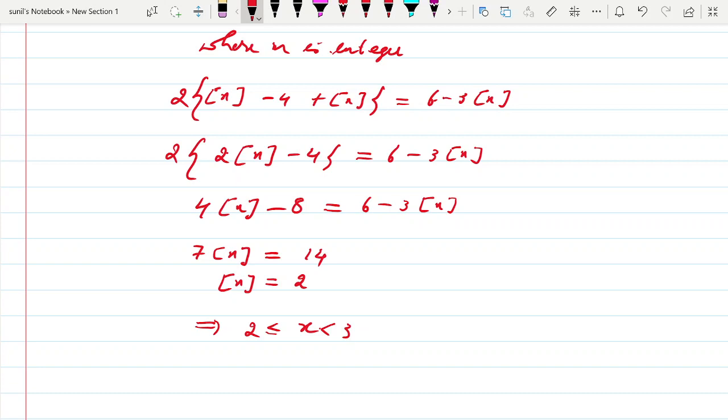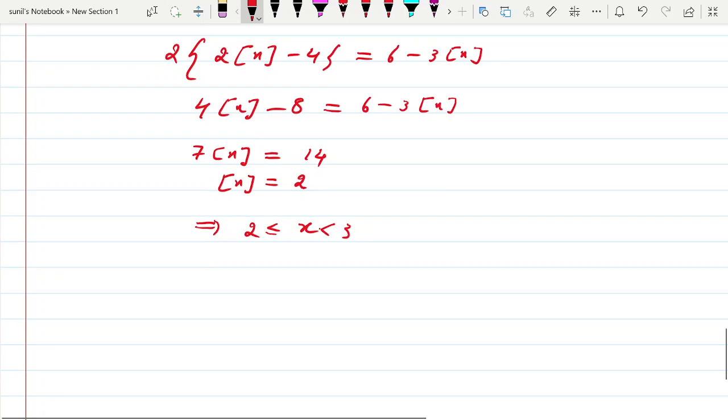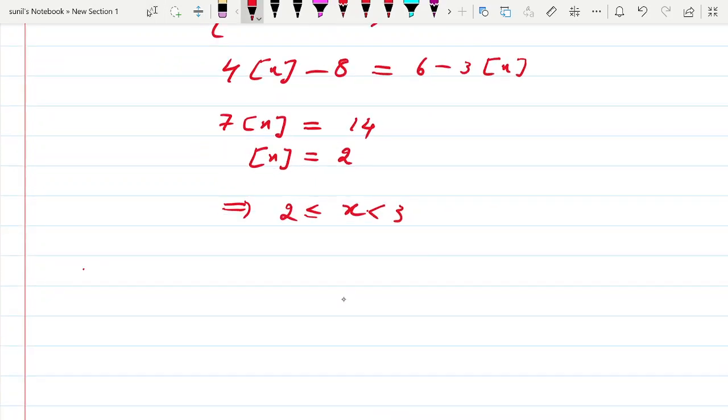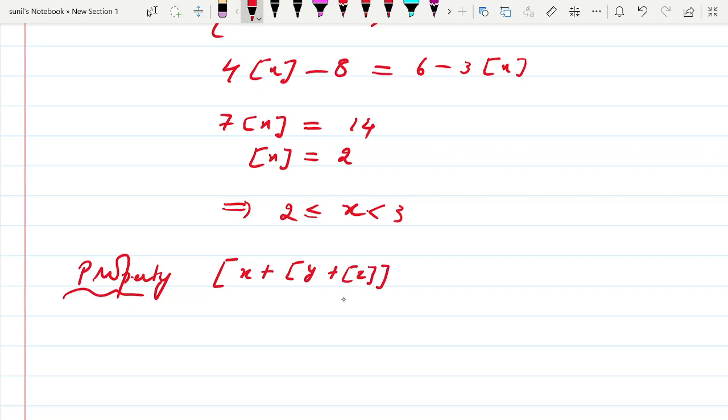Okay, now guys, we have some more properties. The property is something like this: what is bracket of x plus bracket y plus bracket z, then the whole bracket? We say that it is bracket x plus bracket y plus bracket z.